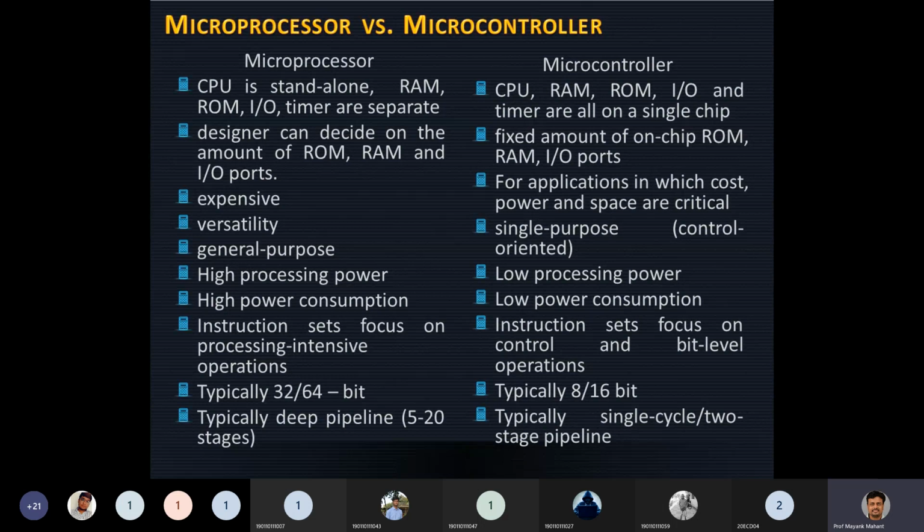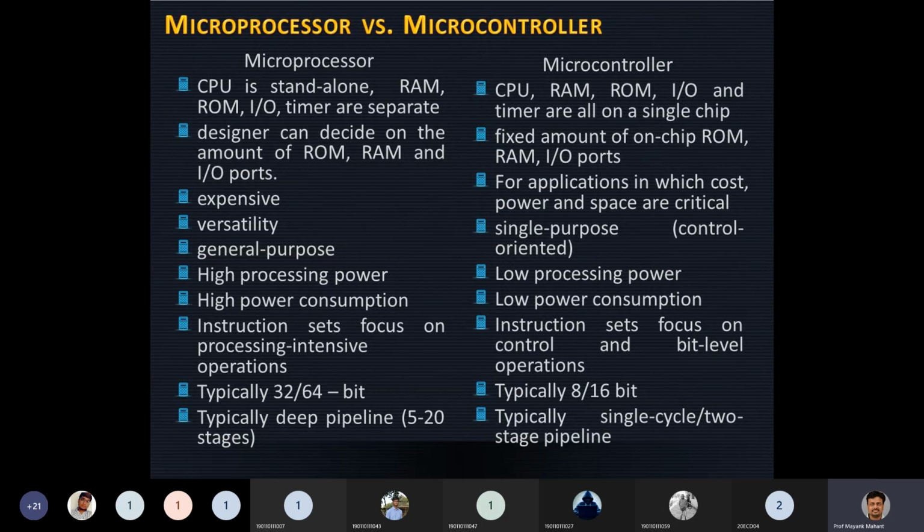Okay, so the first point of difference between microprocessor and microcontroller is that in a microprocessor, the CPU is standalone. Meaning RAM, ROM, IO and timers are all separate from the CPU. We have already discussed that in a microprocessor the CPU is on the chip and the other peripherals are outside the chip.